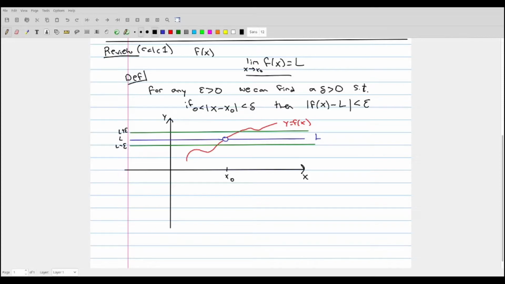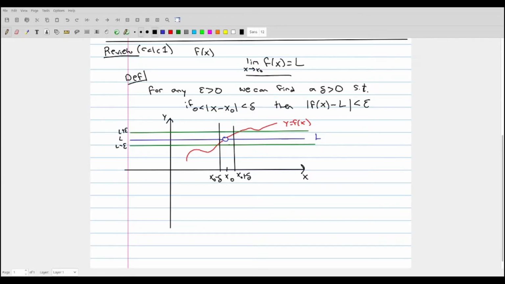It's saying no matter how small this epsilon is, no matter how close you get to this limit L, you can always find what's called a delta region in the domain of the function that traps the function inside of a box. This is the box right here. So say x naught plus delta, x naught minus delta.